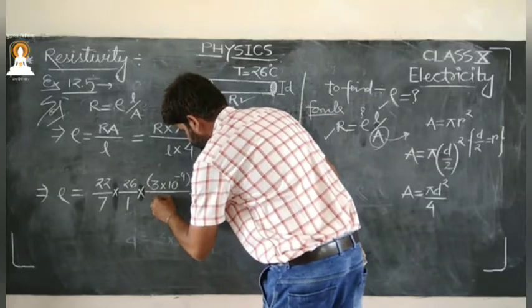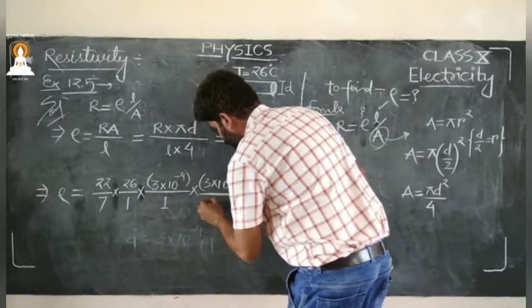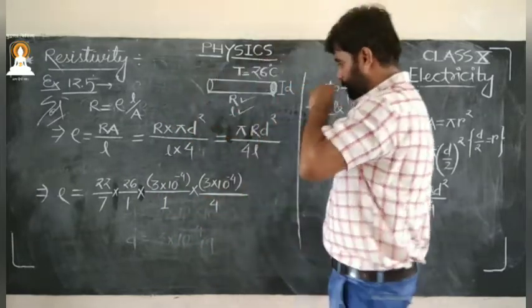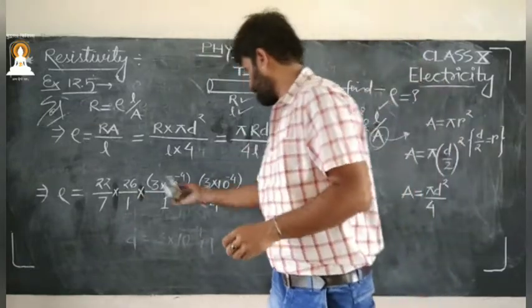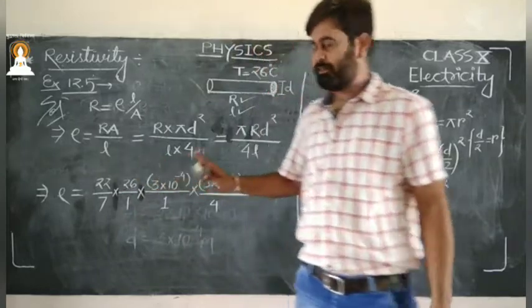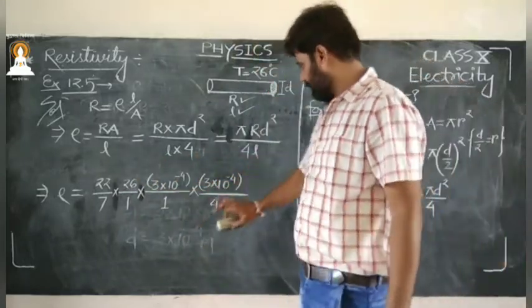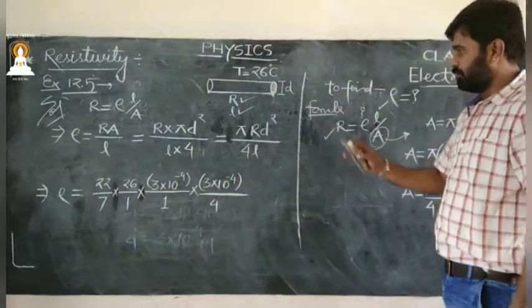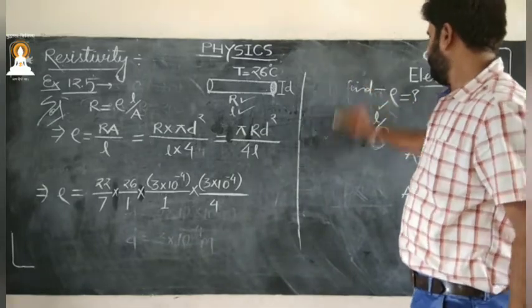L is 1 and 4. You may adjust it in any manner. I am giving you the simplest method to solve such calculations in a quite easy way.